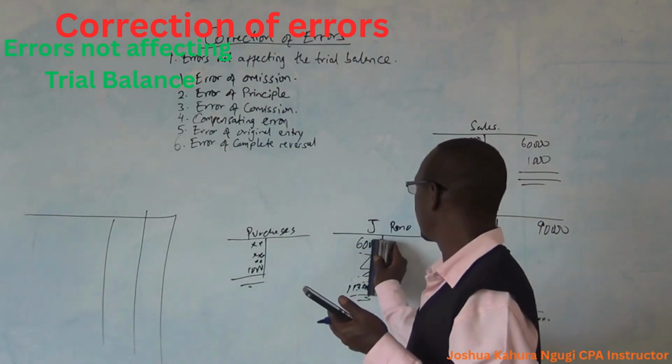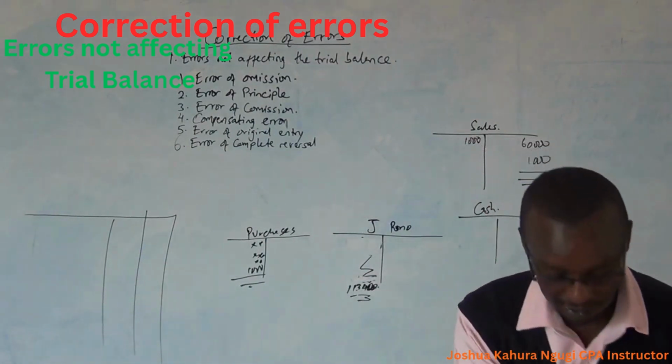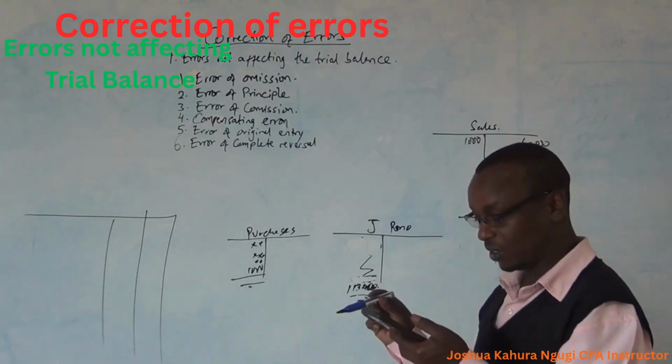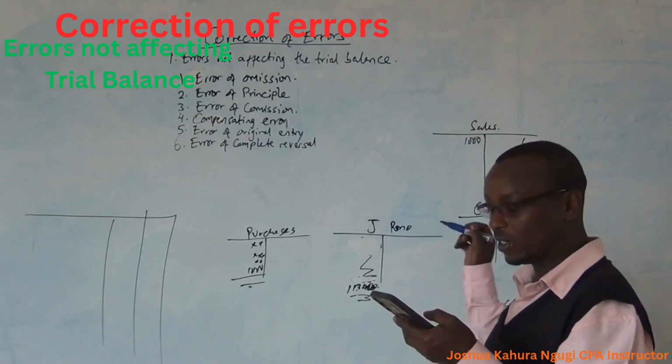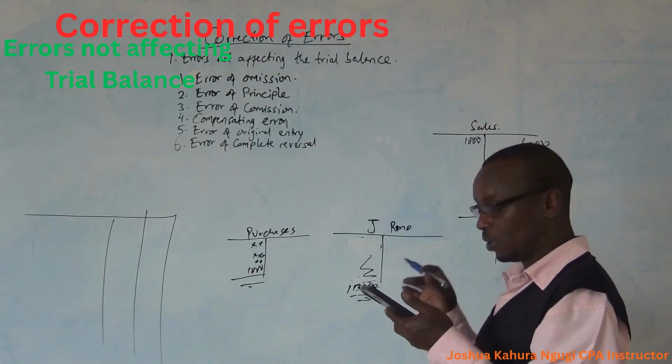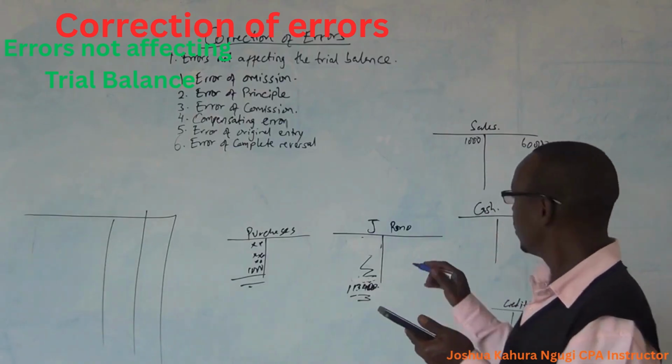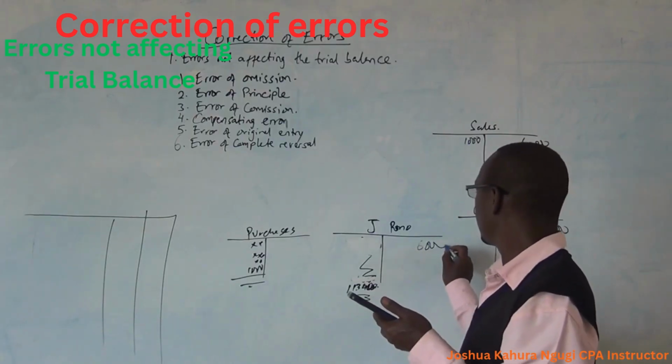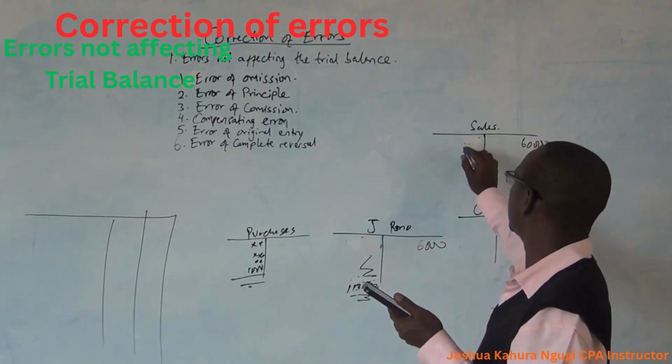Okay? So the correct amount in the correct account but on the wrong side. So this one will appear like here and here.